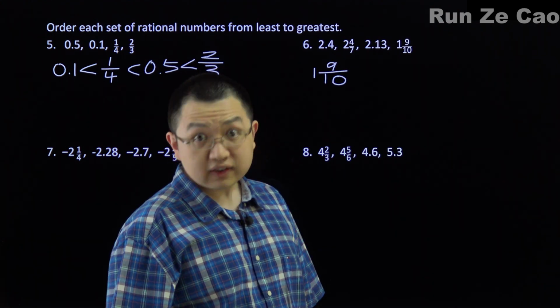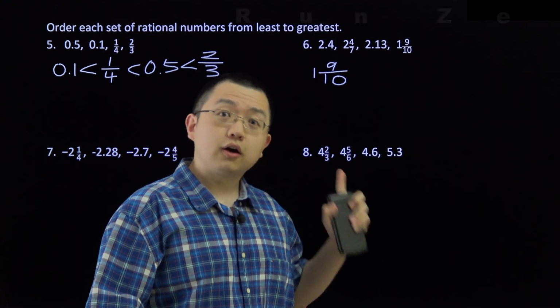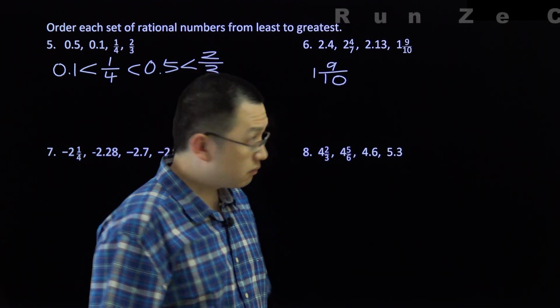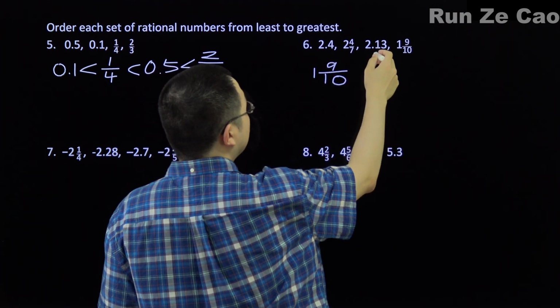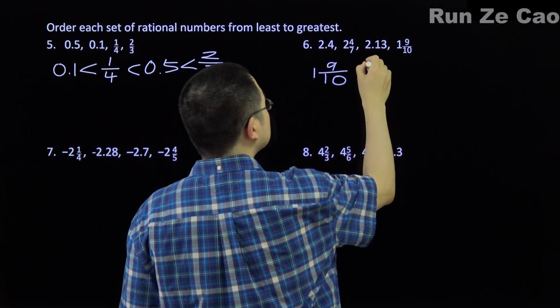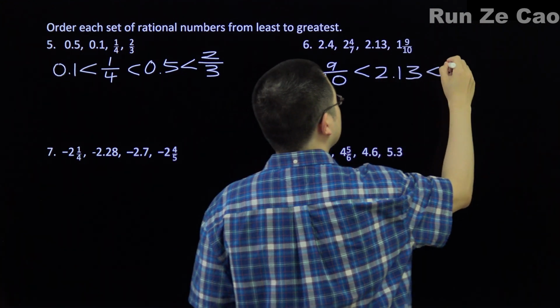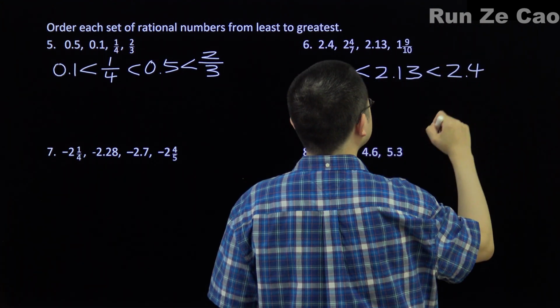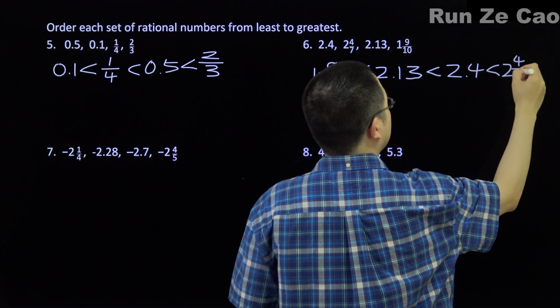So 4/7, so 4 divided by 7, is clearly going to be bigger than 4 divided by 10. And since 4/10 is bigger than 0.13, 2.13 goes here, and then 2.4, and then 2 and 4/7.